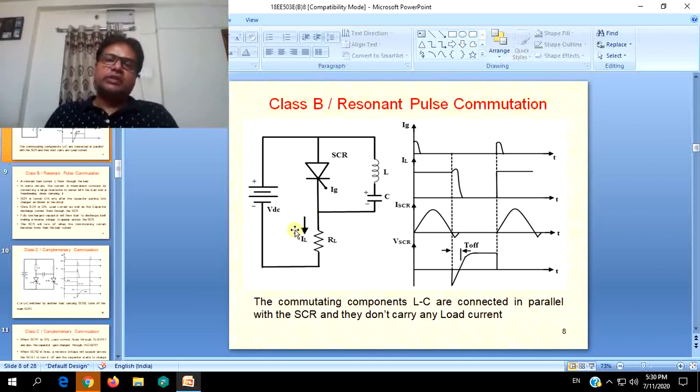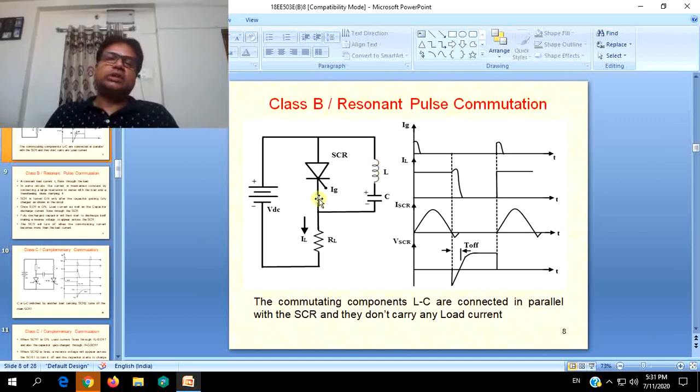So when the SCR is on, the capacitor discharges via the SCR in the same direction as the anode current, that is, the commutating current will be aiding the anode current. Once this polarity is totally reversed, it starts to discharge in the reverse direction, where a reverse current flows via the SCR to oppose the anode current.